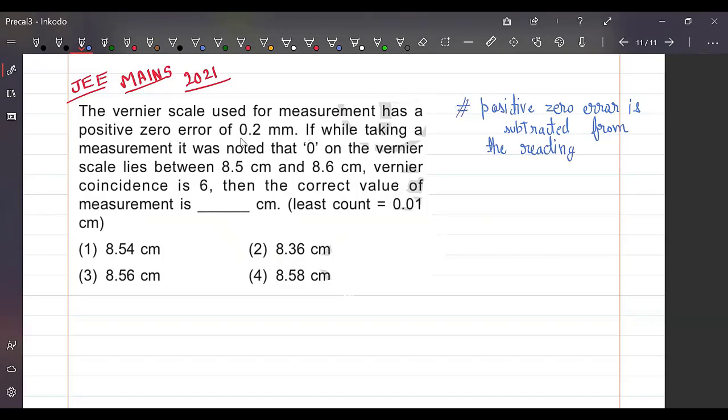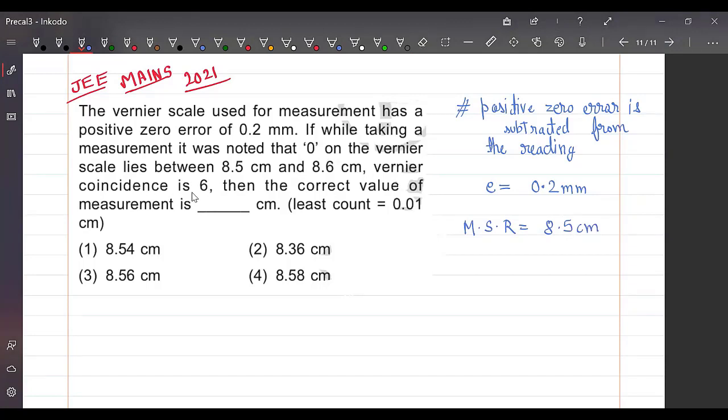And it is 0.2 mm. So the error is 0.2 mm. It is positive zero error, so we'll subtract it. If while taking a measurement, it was noted that 0 on the vernier scale lies between 8.5 and 8.6 centimeter, our main scale reading will be 8.5 centimeter.